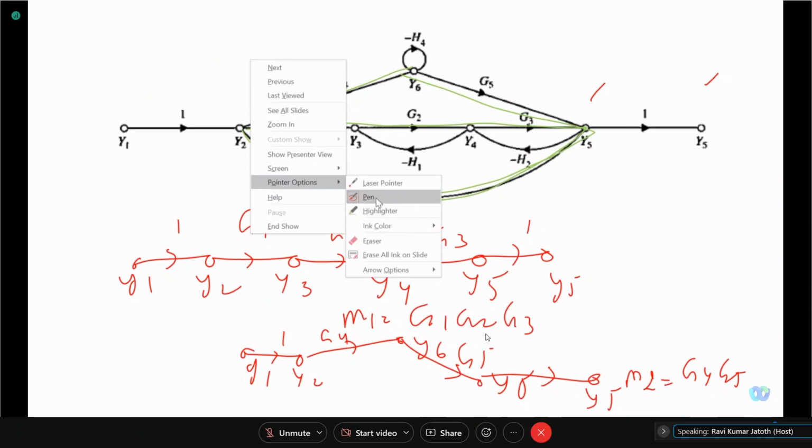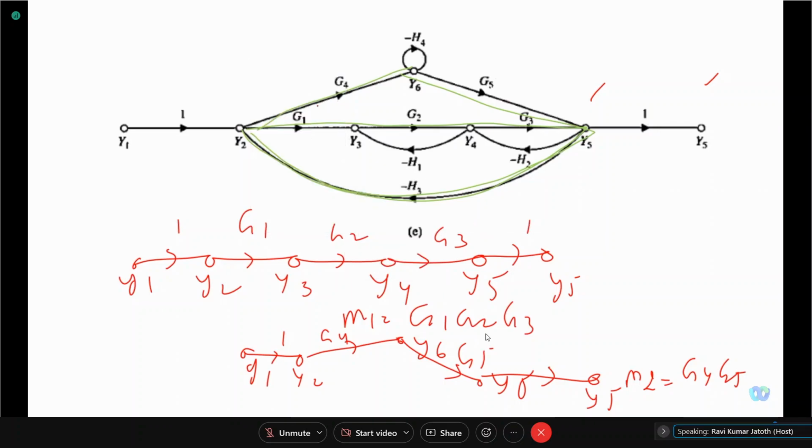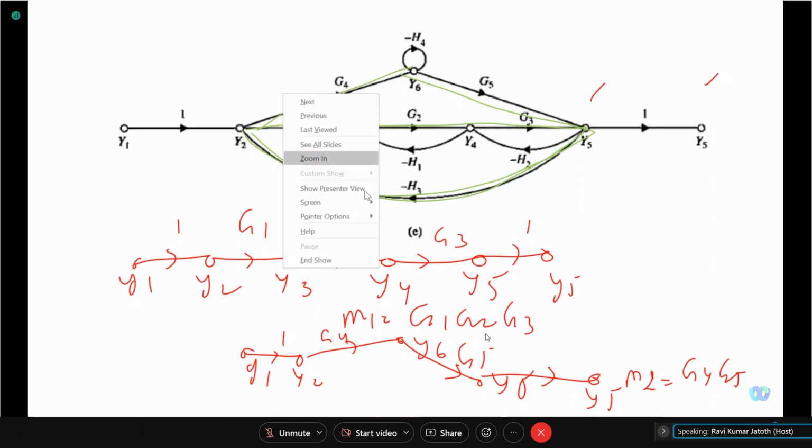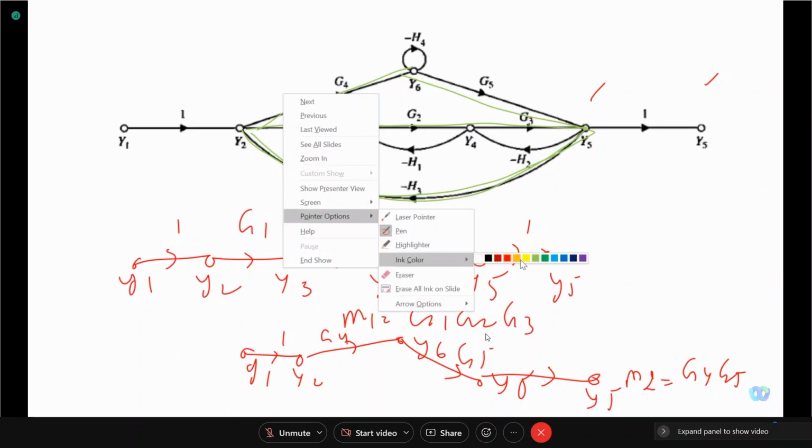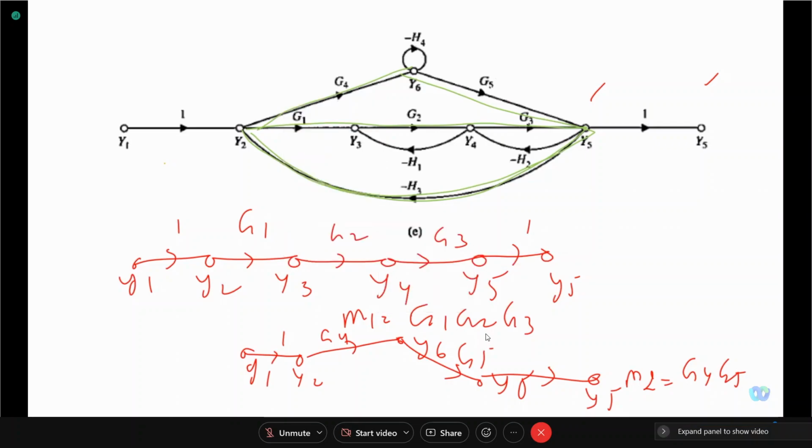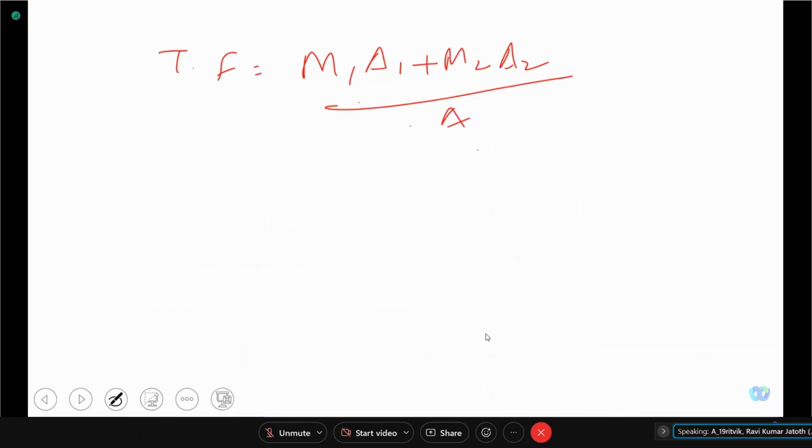Okay. So now loop number 3, Y3, Y4 and Y3, right?